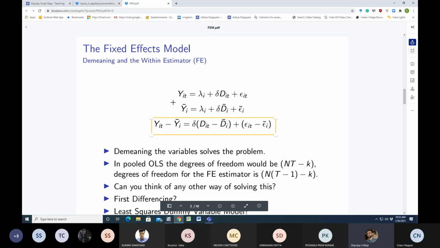So the R square that is being reported as between is the R square of a regression like this, where you are running a regression on the average outcome for individual I over all time periods and the average treatment for individual I over all time periods.